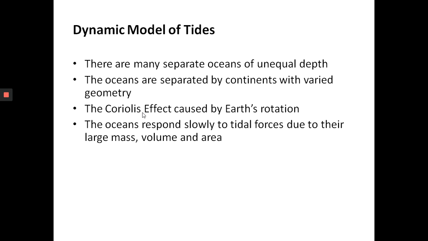And the oceans are made of water, which is fluid. When you have gravitational pull, it does not react instantaneously as a single uniform body, right? It responds slowly to tidal forces because of its large mass, because of the extremely large volume, and also the wide area.